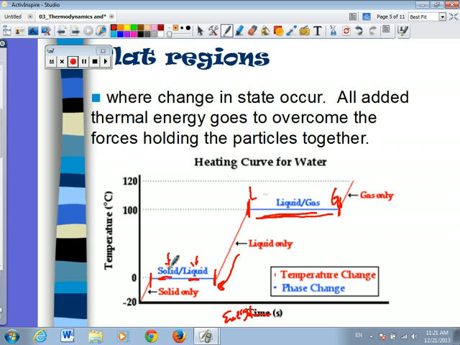Does that make sense? During this phase change, you have to get the entire sample to complete that phase change. I'm sorry if that doesn't make sense.